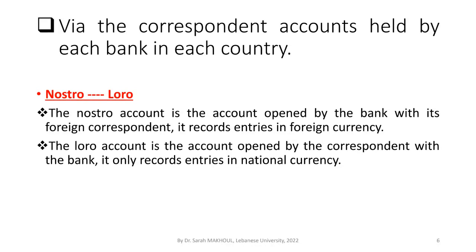With the Loro, you open your account and it only records entries in your national currency. So if you are receiving only Lebanese pounds or euros, even when the transaction is done in dollars, you have opened a Loro account.